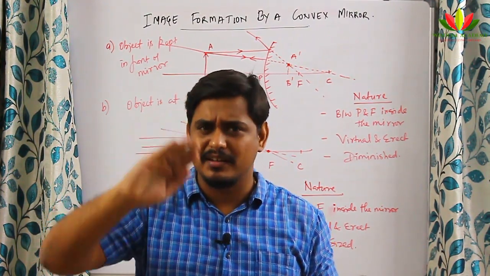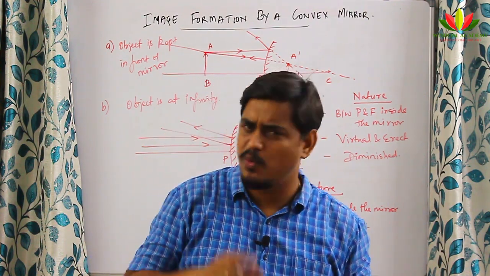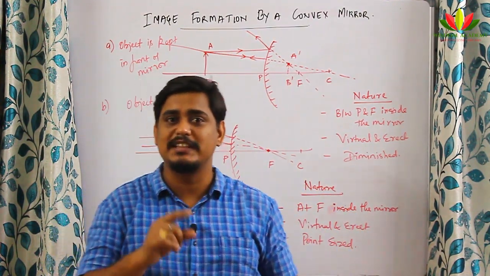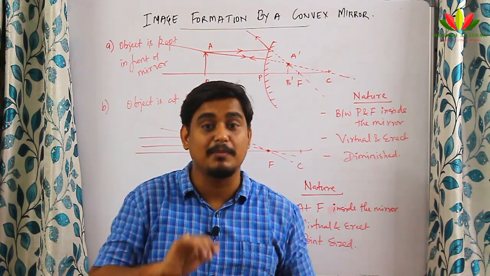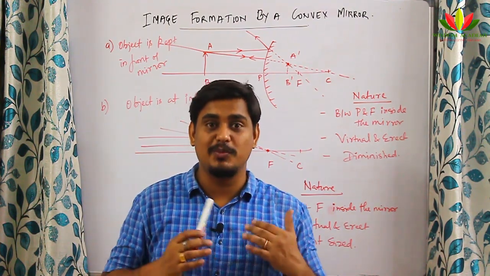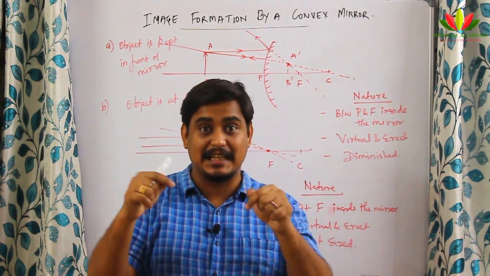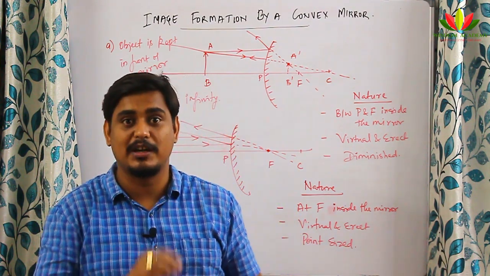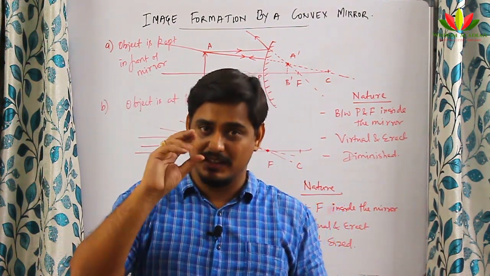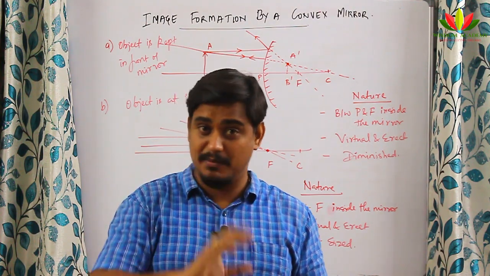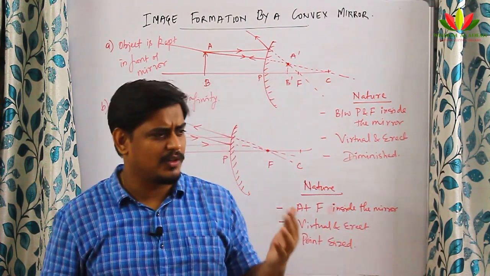It looks like some mirror. That is again a convex mirror. You know why it is given? It is given to see whether someone is seeing you from behind when you are putting the pin. So, suppose someone is seeing you behind, you can have a view and you can see, yeah, someone is seeing me. So, for that security purpose only, they always give a convex mirror in the ATM machines also. These are some of the uses of convex mirror.